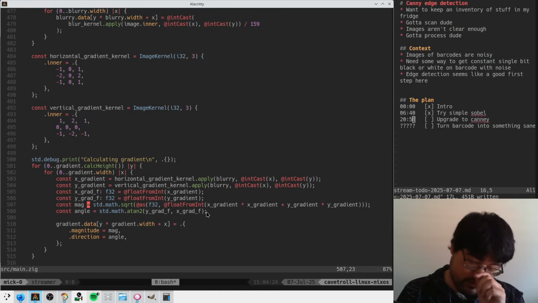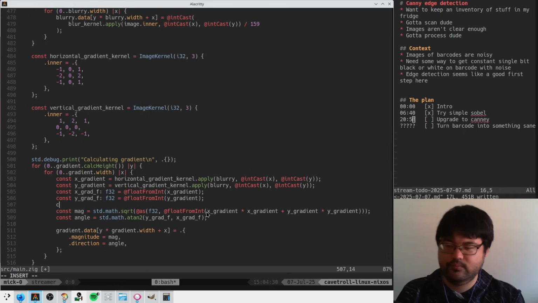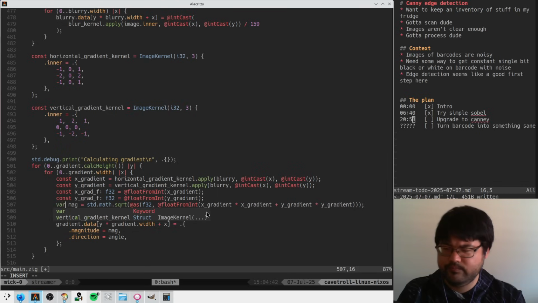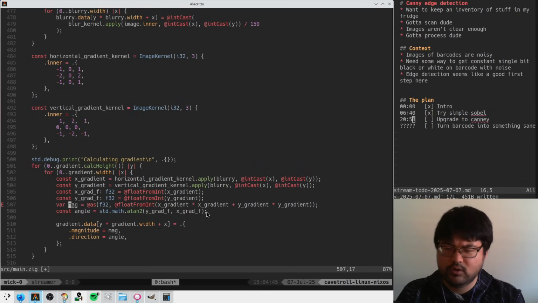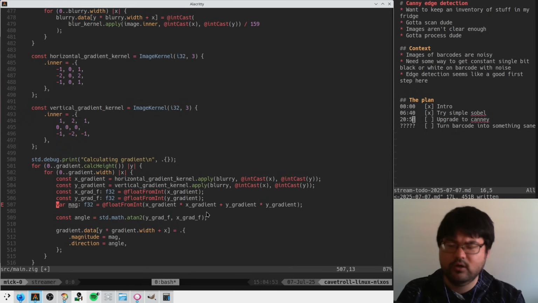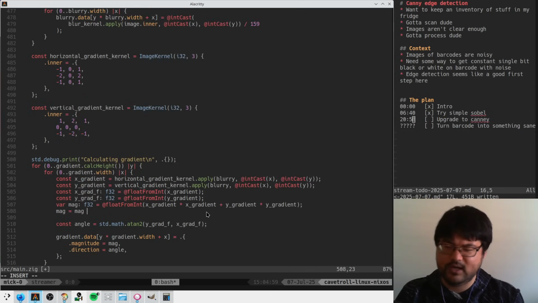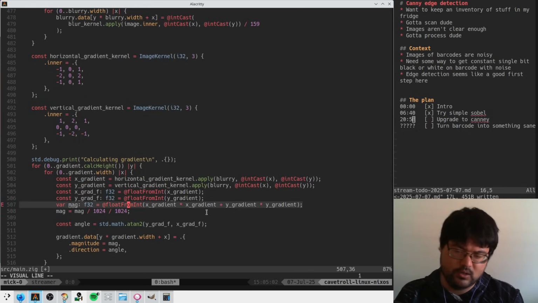So here it's magnitude divided by, I think, we do F32, float from it here, get the square, then mag divide equals mag divided by 1024 divided by 1024, because we have 1024 here.